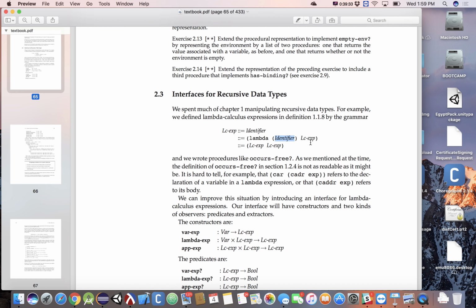That means, does it show up in here, here, here, or here? Not here. That's where variables get bound in our current definition of lambda calculus expressions. So write occurs with a question mark that returns true if a variable we're searching for does occur in there.